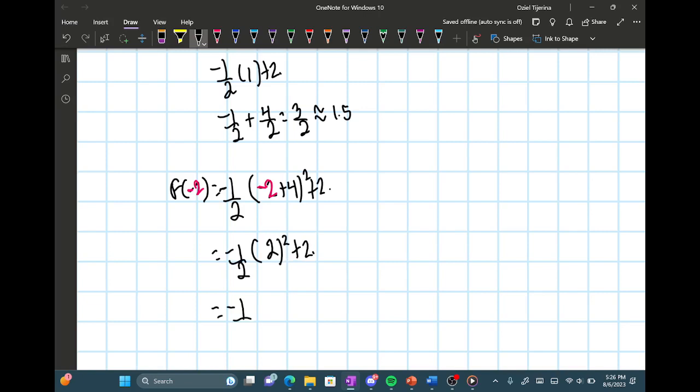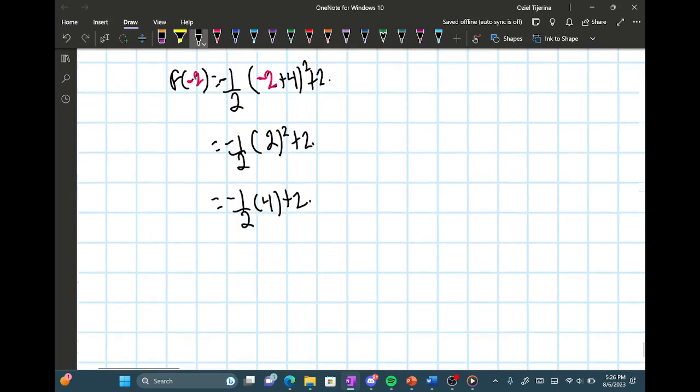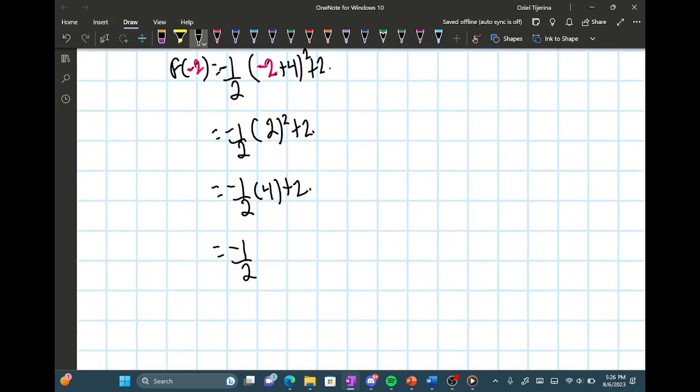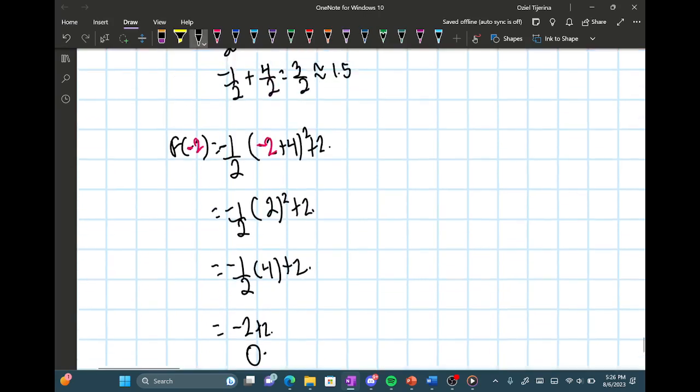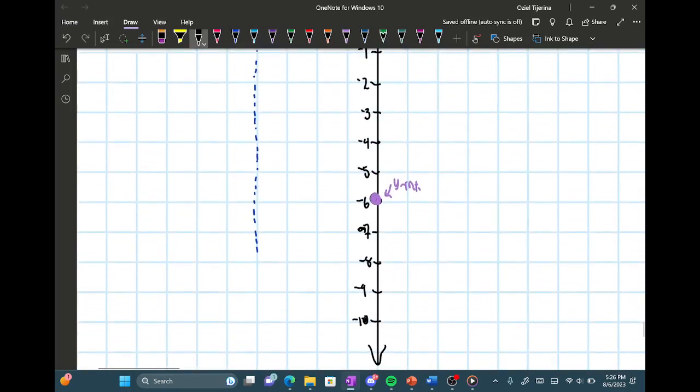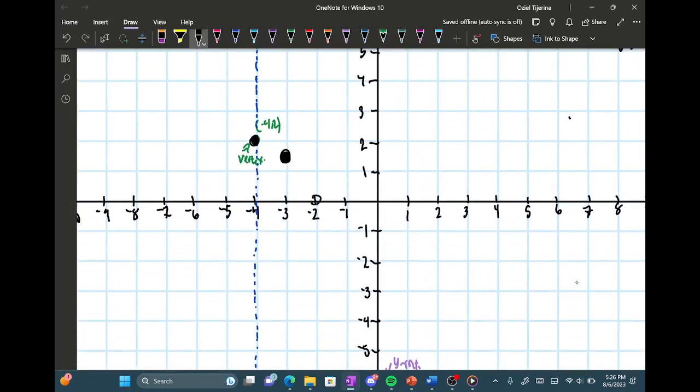This equals -1/2 times 4 plus 2, which is -2 plus 2, which would be 0. So when x equals -2, we know that y is equal to 0, so it'd be on the x-axis here.